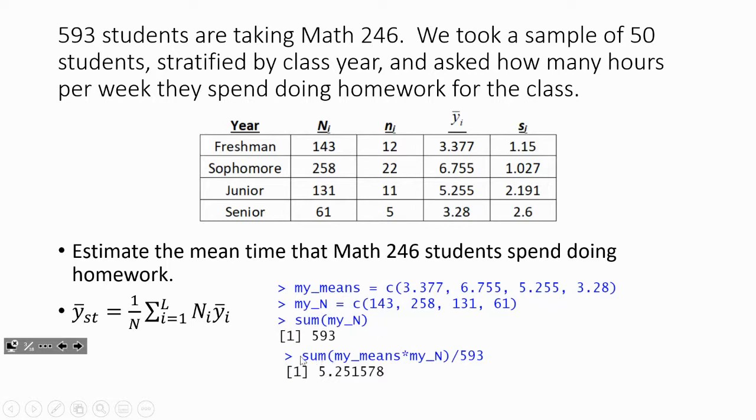So if we then take the sum of that and divide by 593, that gives us our estimated mean from the stratified sample.